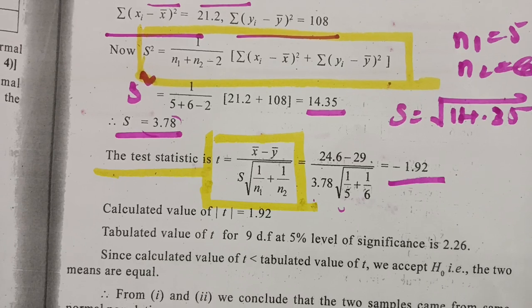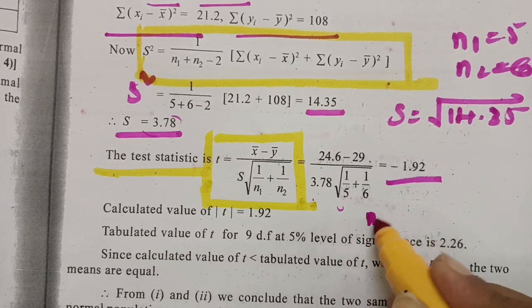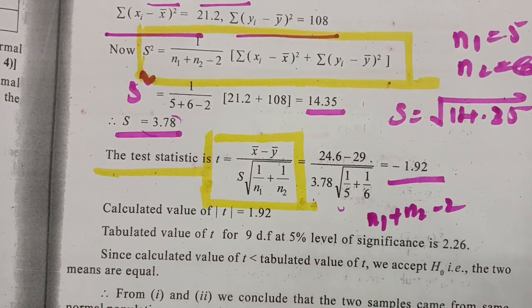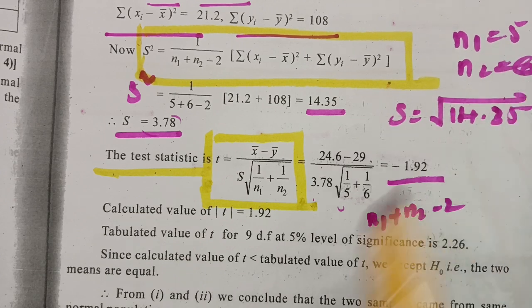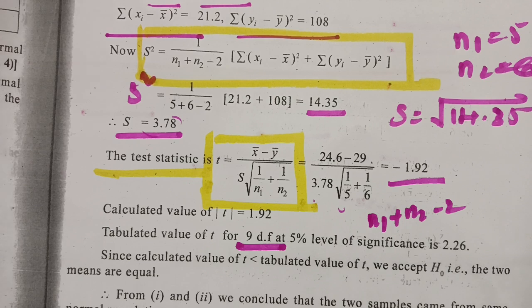For degrees of freedom, we have the formula n1 plus n2 minus 2. So here this is 5 plus 6, 11 minus 2. The value here is 9 degrees of freedom. At 5% level of significance, I'm going to show you the T distribution table.